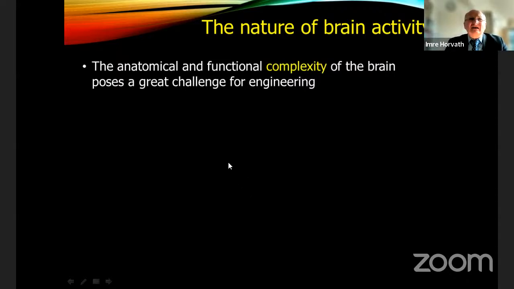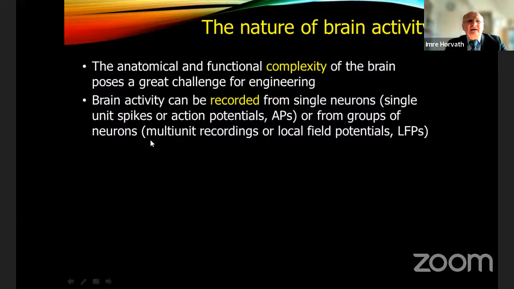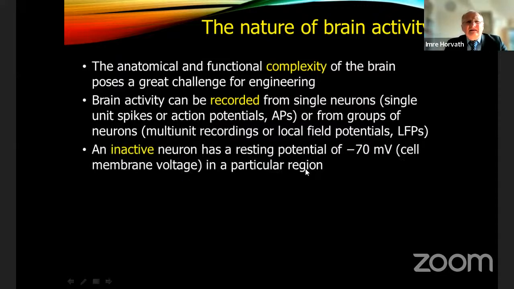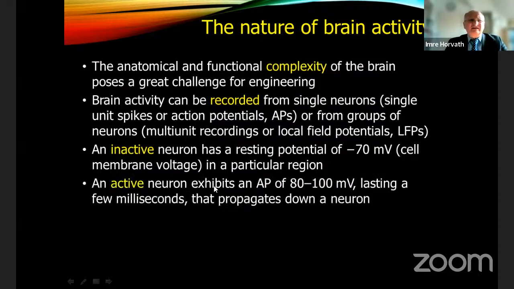Let's look into the nature of the brain activity. The anatomical and functional complexity of the brain poses a great challenge for modeling and also for engineering. Brain activities can be recorded from single neurons, single-unit spikes or action potentials, or from groups of neurons, multi-unit recordings, or local field potentials. An inactive neuron has a resting potential of minus 70 millivolts. This is called the cell membrane voltage in a particular region.